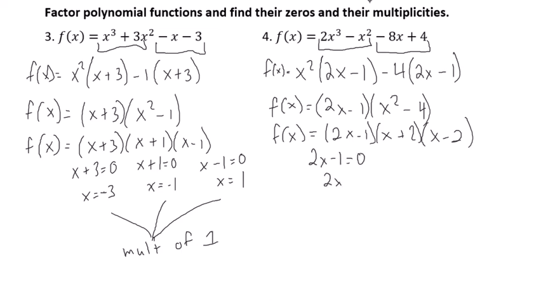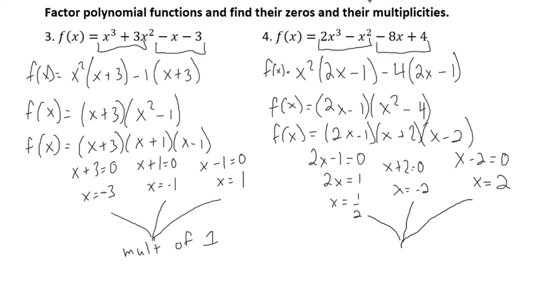We get 2x equals 1, x equals 1/2, x plus 2 equals 0, x equals -2, x minus 2 equals 0, x equals 2. As you can see, all of these have a multiplicity of 1.